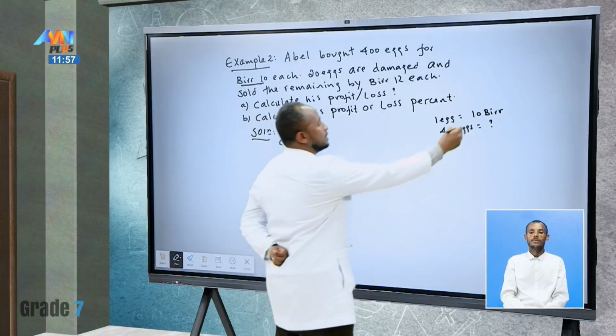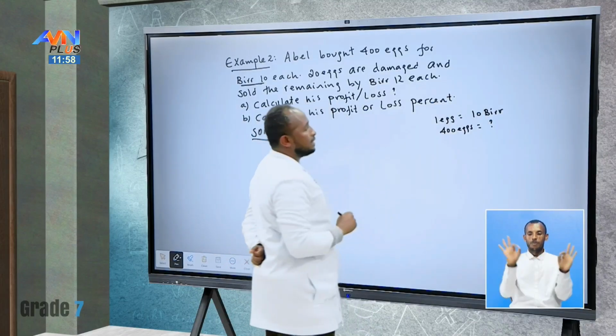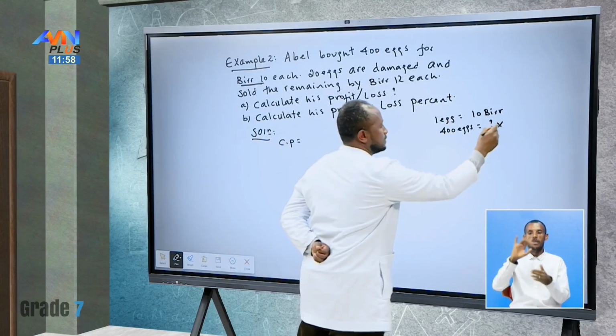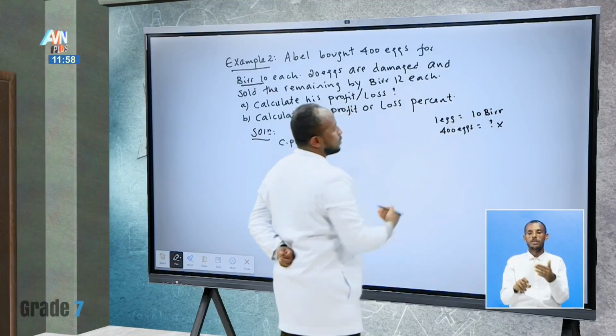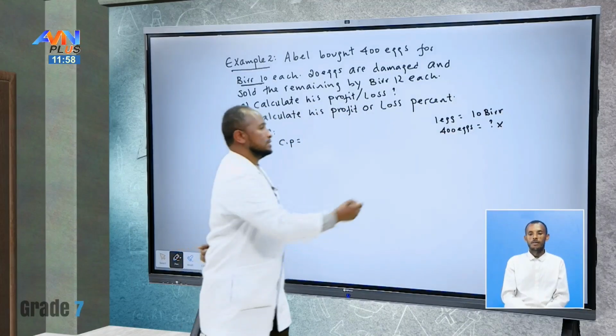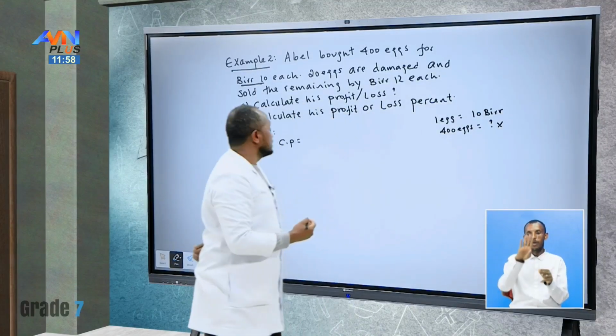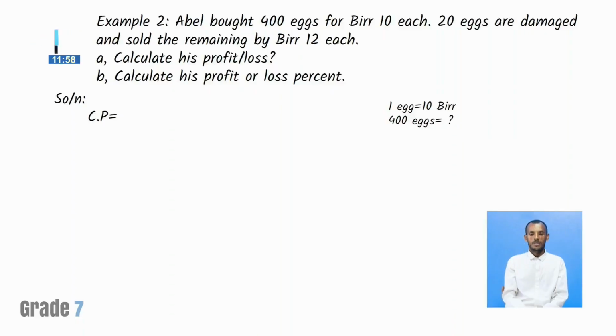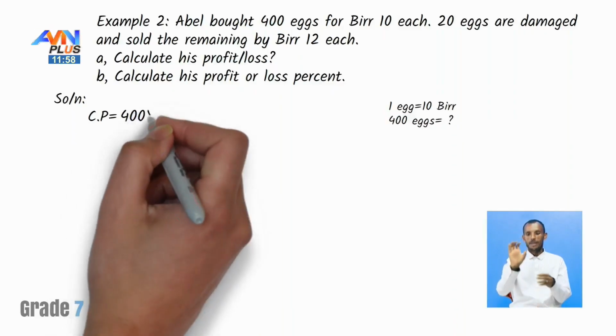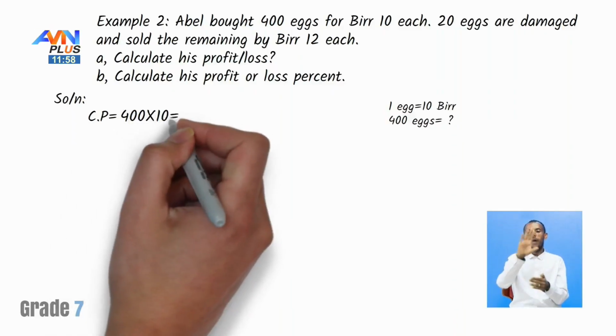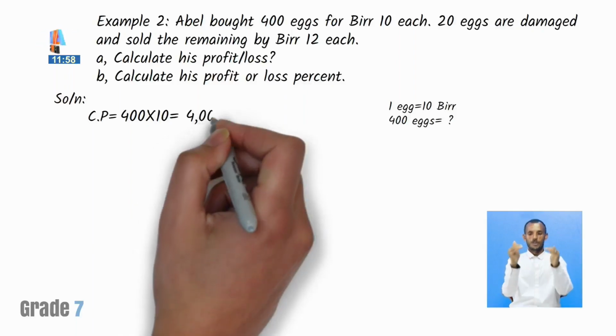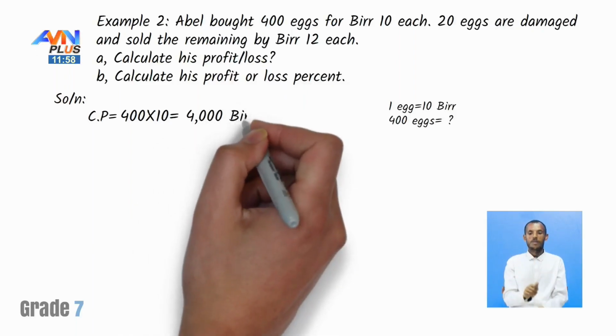Just cross multiply. The cost of 400 eggs is 400 times 10, which is 4,000 birr.